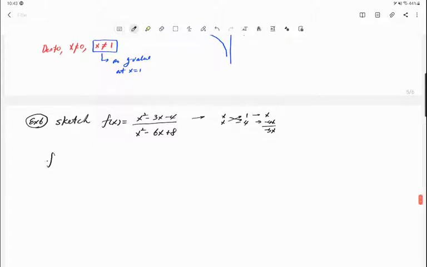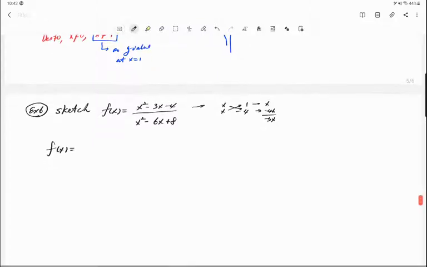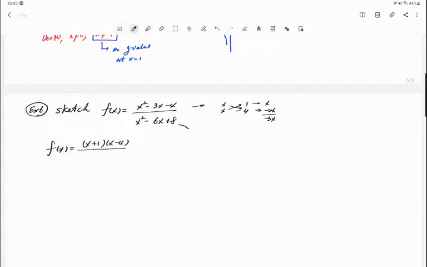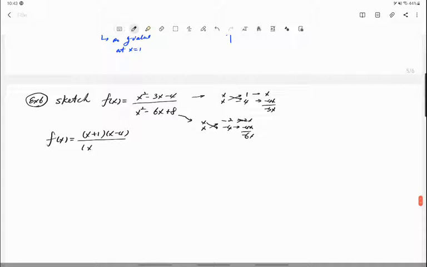So f of x can be written again as x plus 1 times x minus 4 over, how about the denominator? X times x and 2 times 4, both negative. So both negative makes the sum of the cross multiply negative 6x, right? All right, so the denominator is the product of x minus 2 and x minus 4.